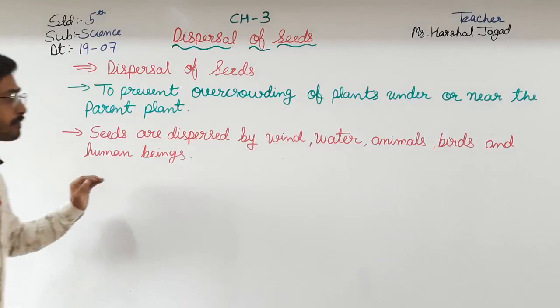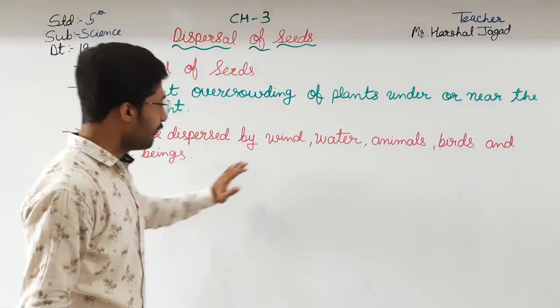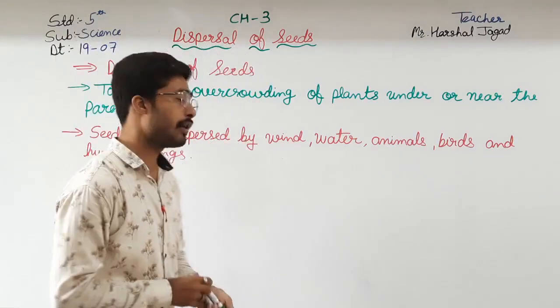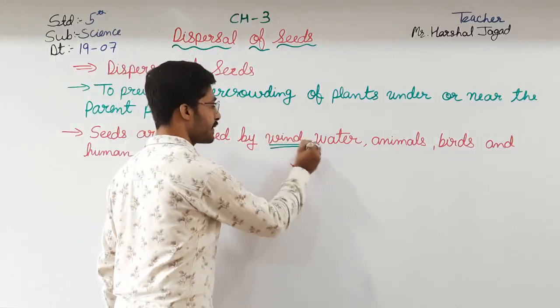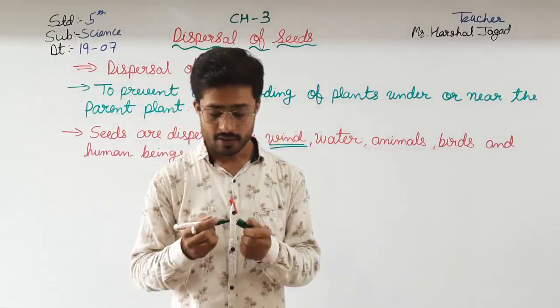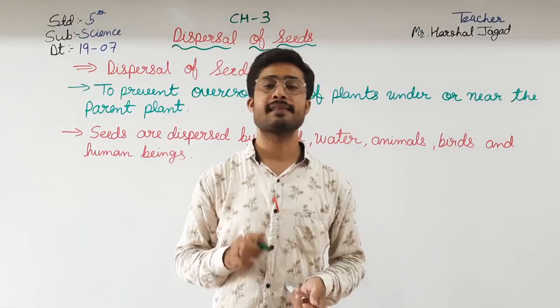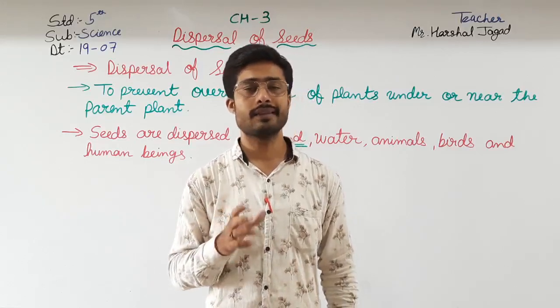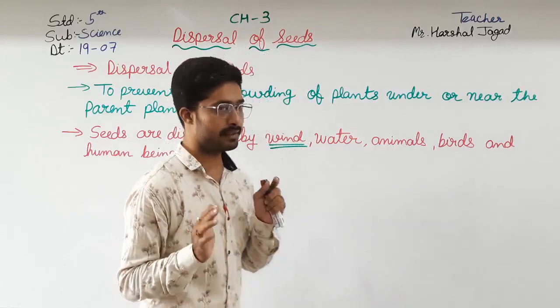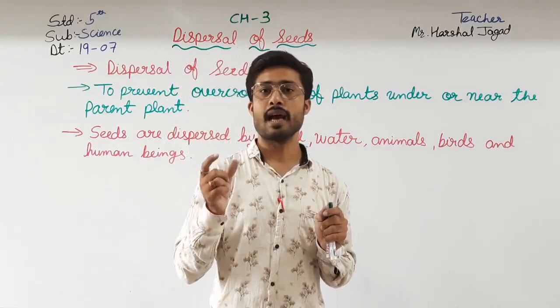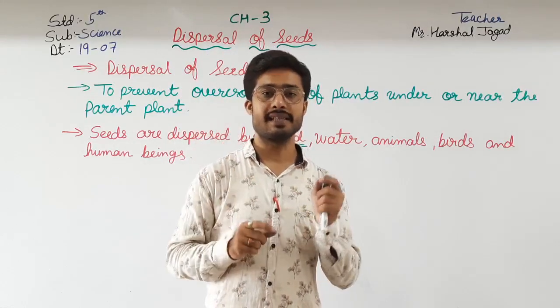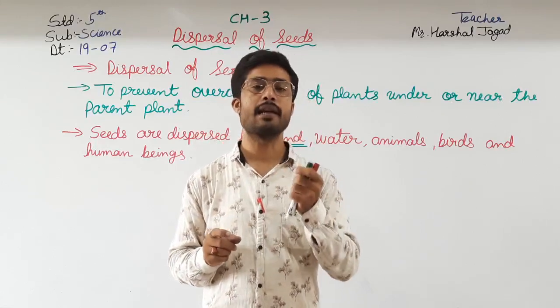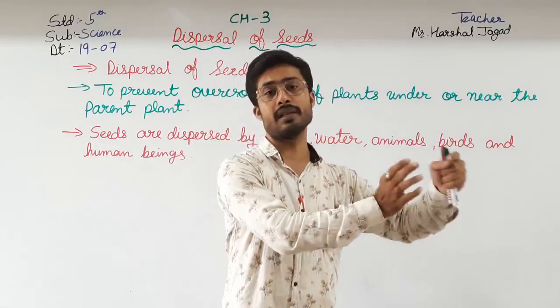First of all, talking about how seeds are dispersed by the wind. We have seen some seeds which are very soft and light, which can easily move through the wind.